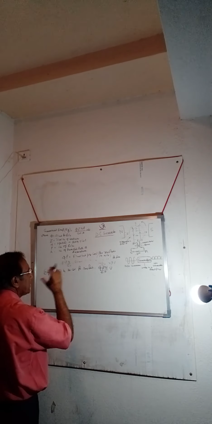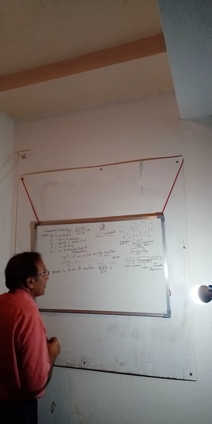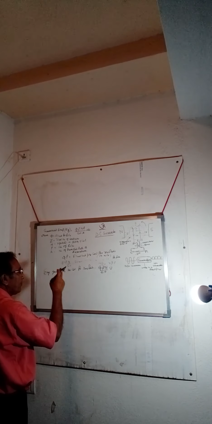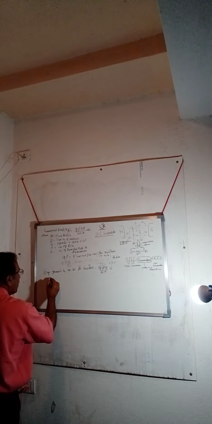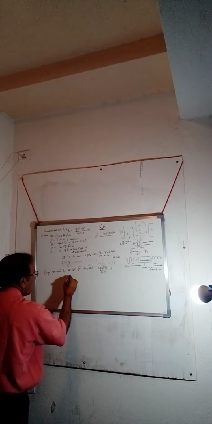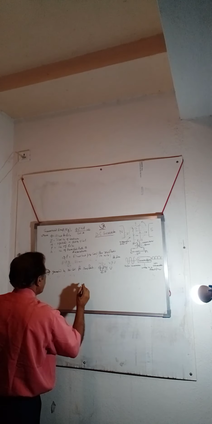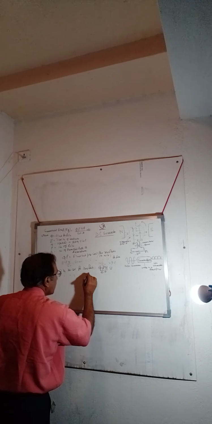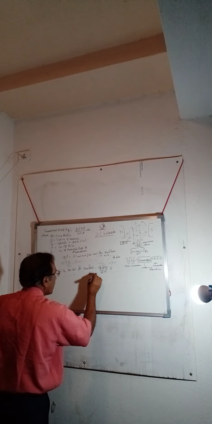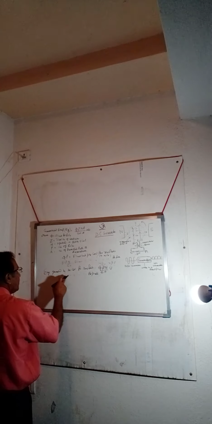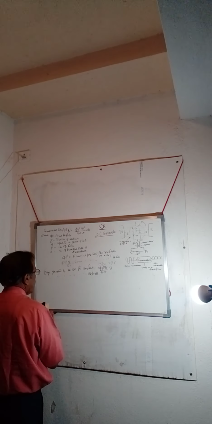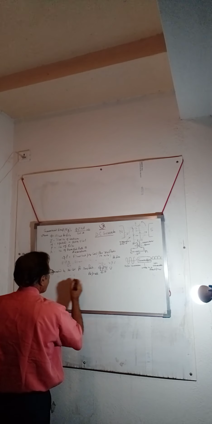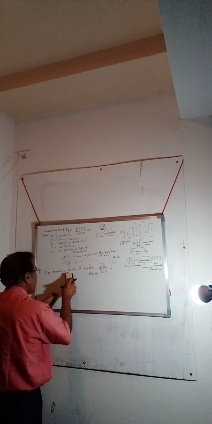Now we have to find the generated voltage per path of the armature. Finally, we have to find out the EMF generated per path of the armature. The EMF generated per path, not per coil, but per path.